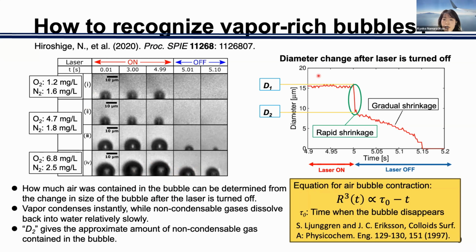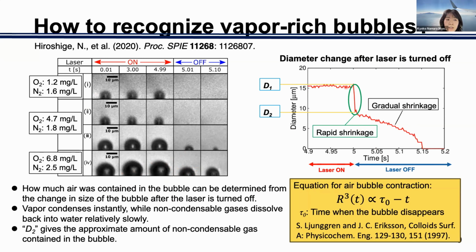Here is the time variation of the bubble diameter. At this timing, I turned off the laser. You can see this rapid shrinkage, and after that, the bubble gradually shrinks.